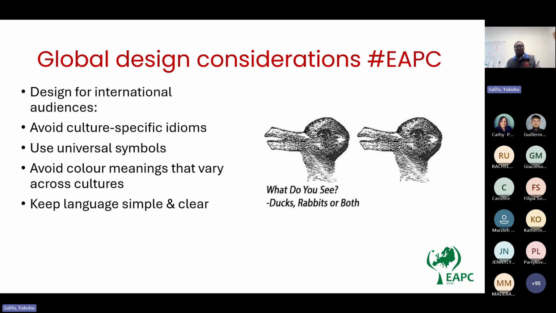In this diagram, depending on where you're looking at things from, somebody may say it's a duck, or somebody will say it's a rabbit, or maybe both. So try and present the information in a way that is as unambiguous as possible. Avoid specific cultural idioms that other people may not understand, and use universal symbols as well.